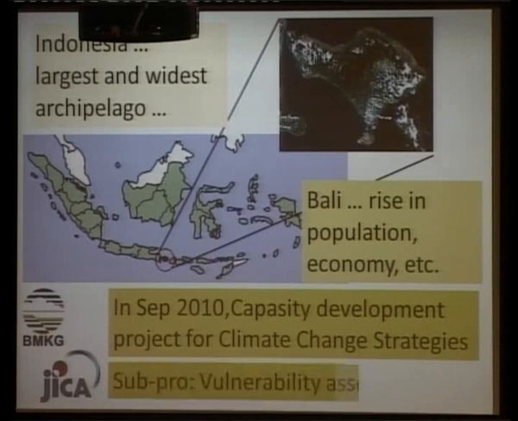And there's one sub-project, which is vulnerability assessment in Bali. This sub-project is together with BMKG, which is the Indonesian Met Office. By the way, JICA is the Japanese USAID or GIZ or DFID, if you don't know.